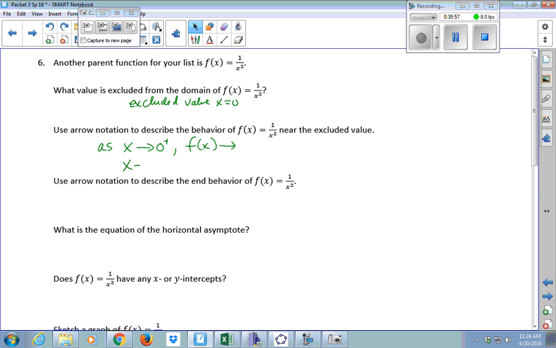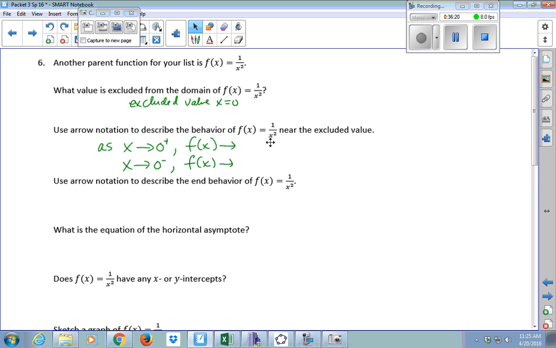And as x approaches 0 from the left-hand side, what does f of x approach? So we want to think about the same thing. We want to think about putting small numbers in there. If I put 1 in here, I get 1 over 1. If I put a half in here, I get 1 over 1/2 squared, so it's 1 divided by 1/4.